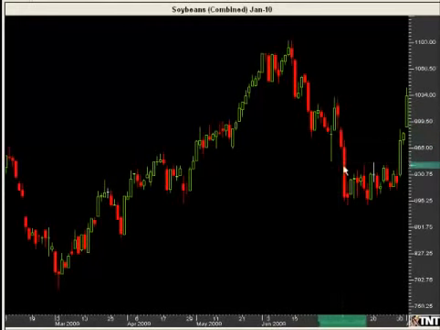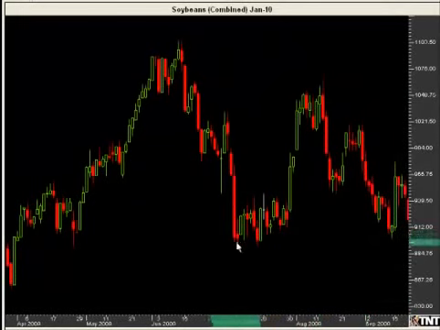Now you'll notice that the market struggled somewhat here and it went sideways, but what's significant is that it failed to put in a new lower low. Every time the market came down here and hit the low, it could not go any lower.